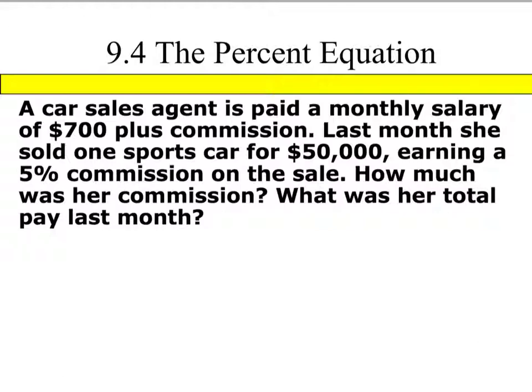All right, if you tried it, let's see if you're right. If you didn't, let's walk it through. All right, so when you look at this, how do you figure out commission? You take your commission rate, you're going to multiply it times your sales, and that's going to be your commission. All right, so let's fill in what we know.